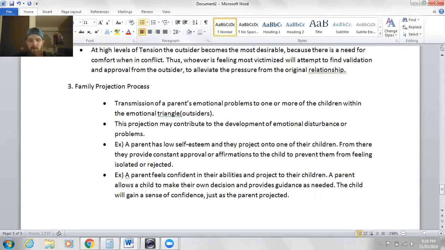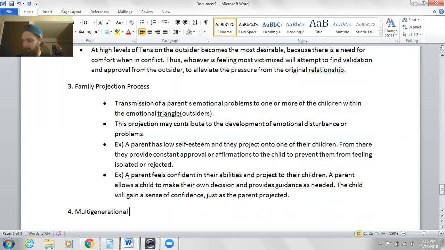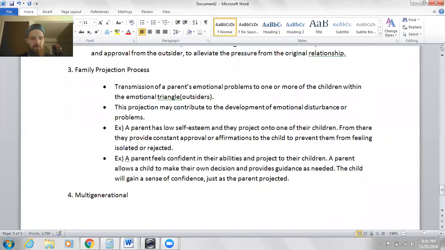Okay. And yeah, from the next one of the 8. Like I said, the family therapies is the longest one, but the other two family therapies are not as in depth. So the fourth one is the multi-generational transmission process.